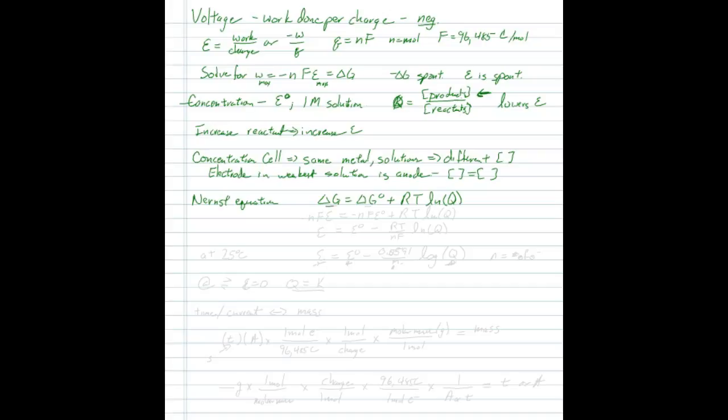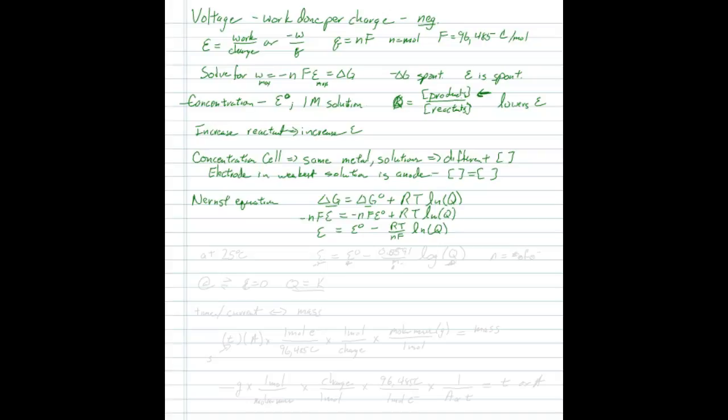But we also know that delta G is negative NFE, so negative NFE equals negative NFE naught plus RT natural log of Q. If we divide everybody by NF, you get E equals E naught minus RT over NF natural log of Q.